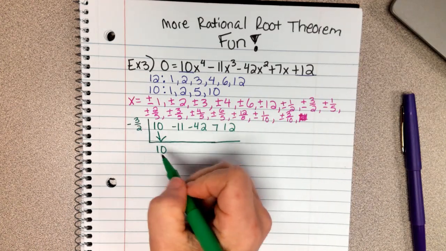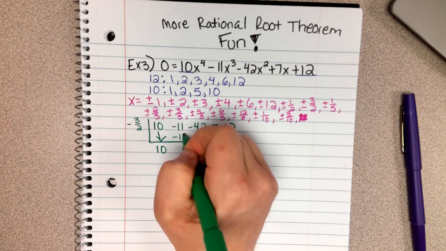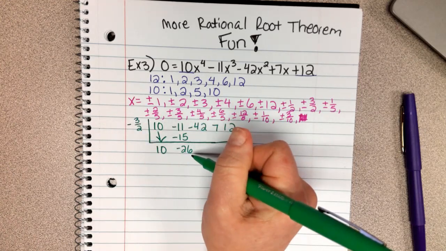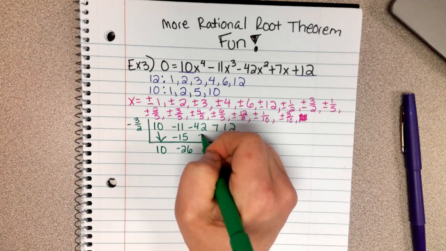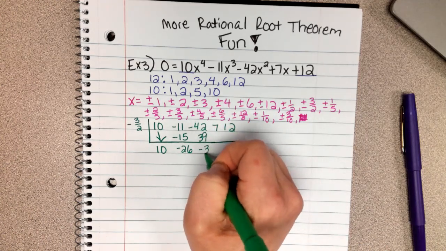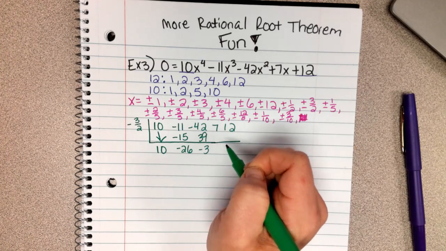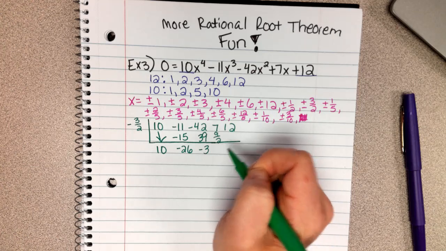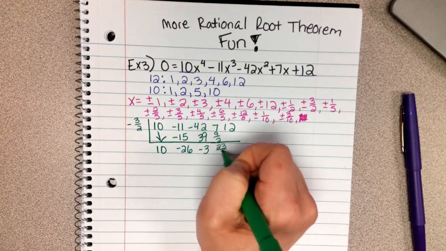Now, negative 3 halves times 10 is negative 15. I'm going to add, I get negative 26. Negative 3 halves times negative 26 is 39. Add, and I get negative 3. Negative 3 halves times negative 3, we have 9 over 2. Negative, negative is positive. Add, 23 over 2.